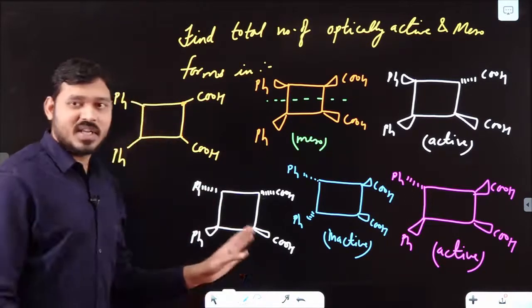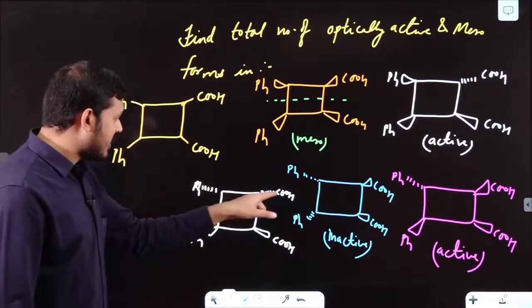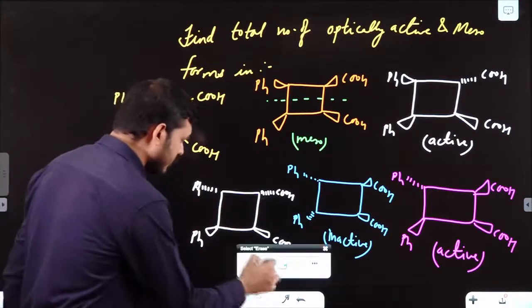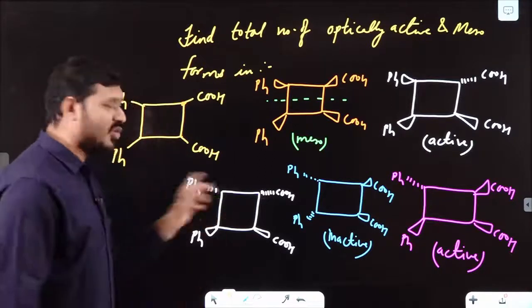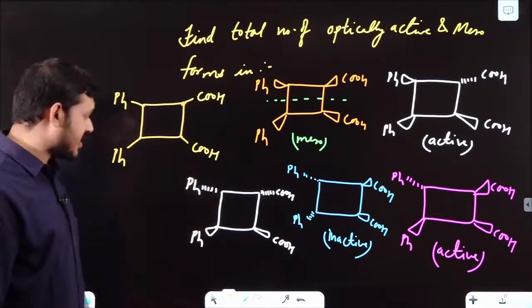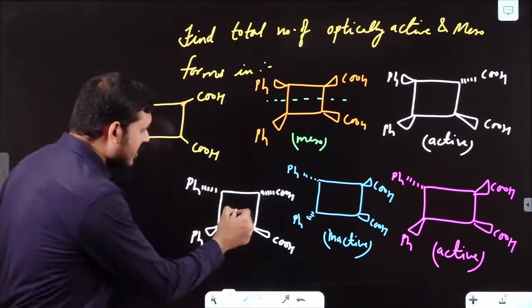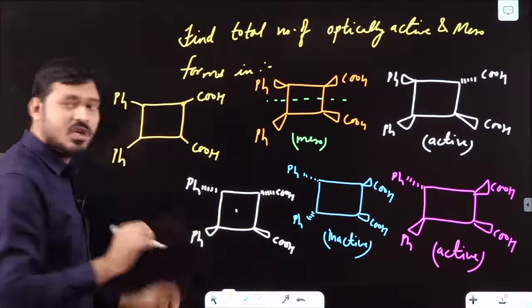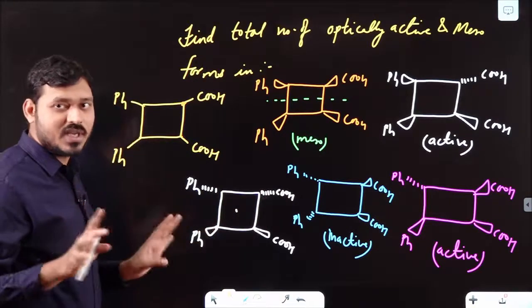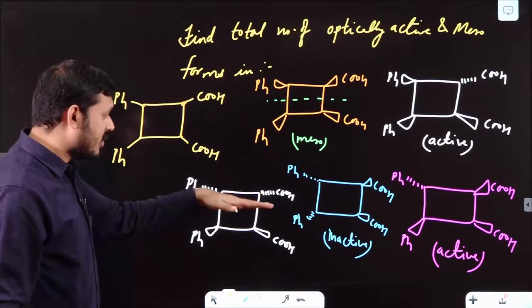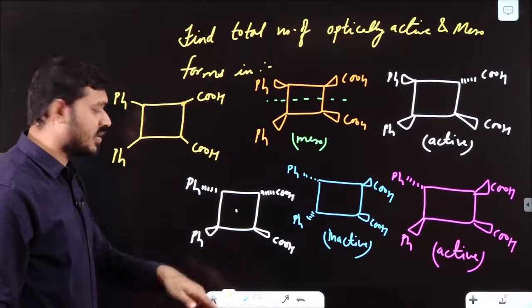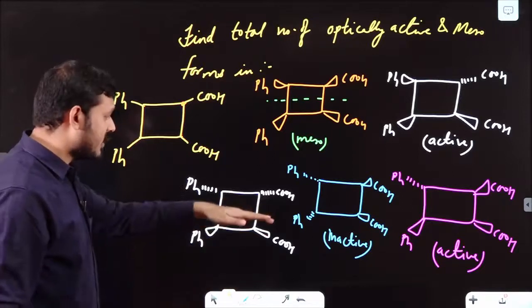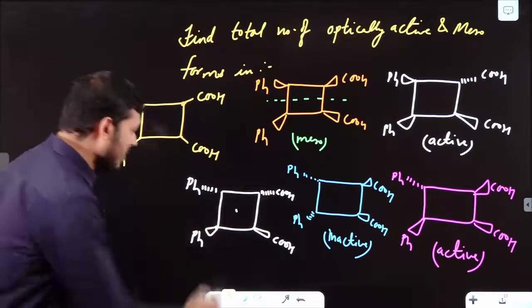Okay, so dear students, here this COOH and this pH, these two on the same side. Now in this structure you can see from this is COOH but this is pH, so no case of what? No case of COS. Also you cannot make it as POS. Why? Because this COOH is away from you, this COOH is towards you. Okay, so if you cut like this, it won't be the mirror image, so it is active.